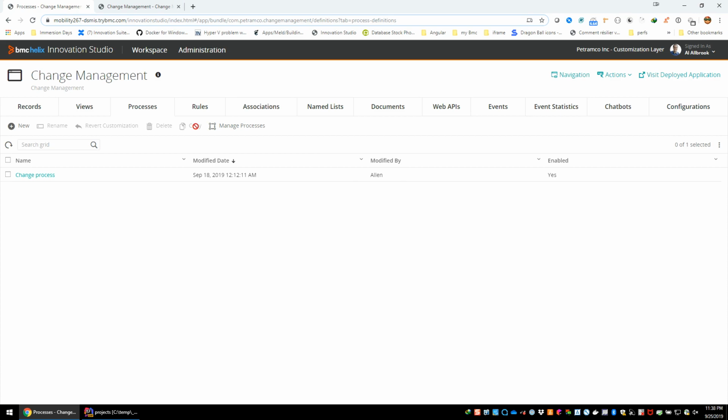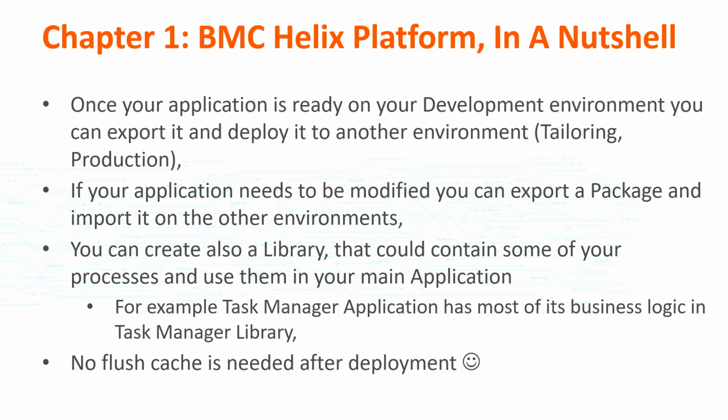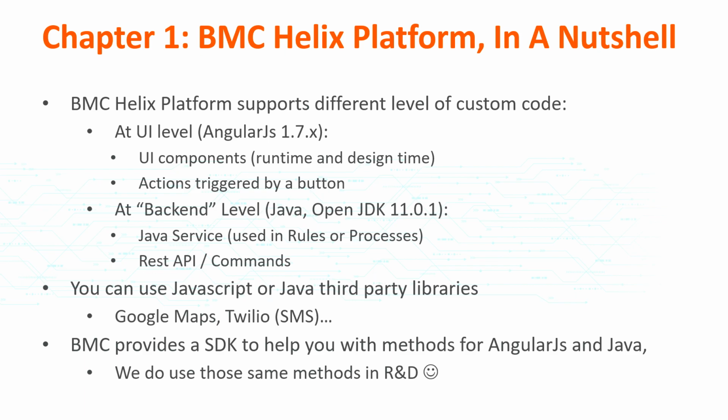And let's see how we can relate that with custom code now. So you can do different levels of custom code in the BMC Helix platform, like I told you a bit earlier. You have the UI view components that are using some AngularJS code, 17x. So you can have UI components, and you can have button actions.